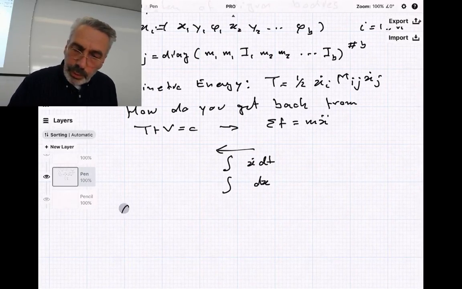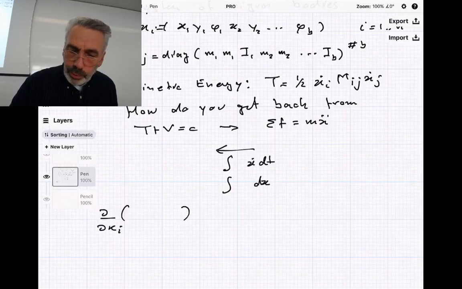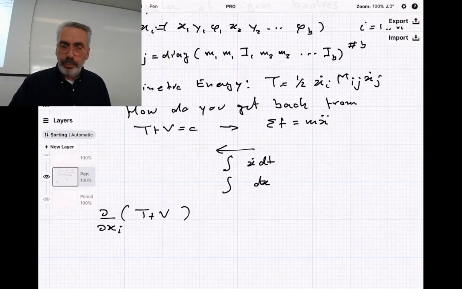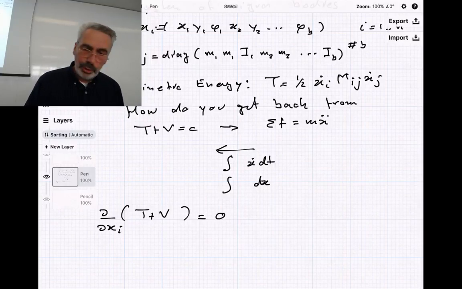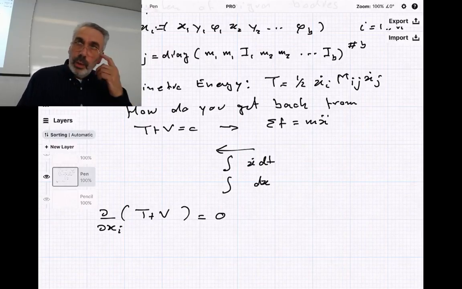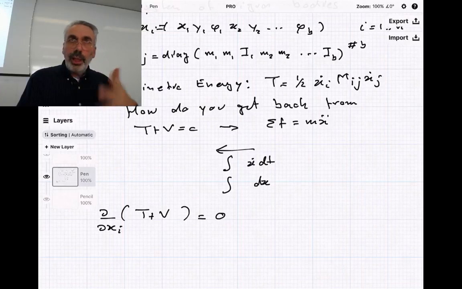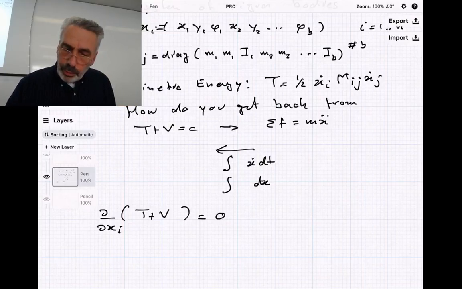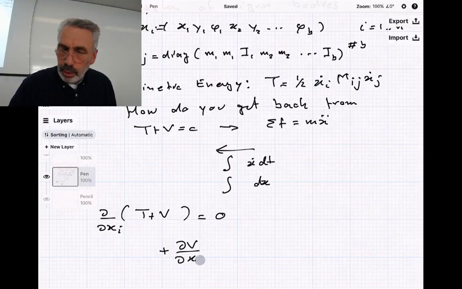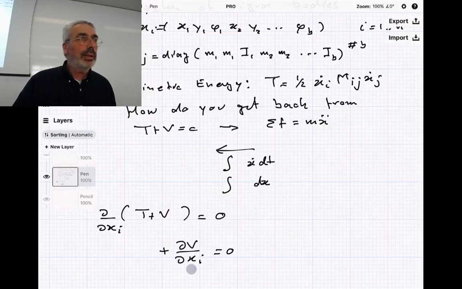So we take this equation and then we take all these derivatives with respect to these various coordinates xi. The first is 0, because it was constant and constant is 0. Now, the second part is easy, so let's write that down. That's just plus dV/dxi, and of course everybody already recognizes that these are minus the applied forces, and that's perfect.